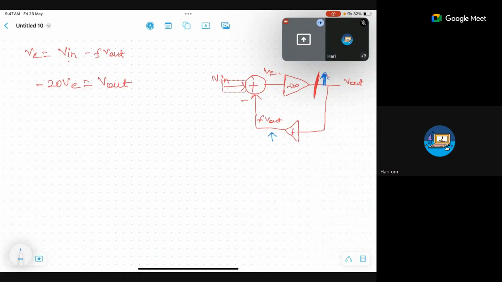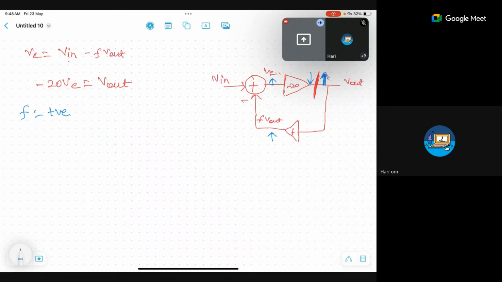So multiplied with F, it is positive. It is subtracted, so it will go downwards, or we can say less positive. Now it is multiplied with minus 20. Okay, so it will be negative.